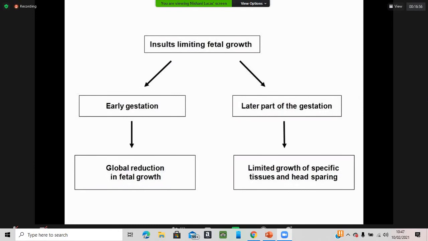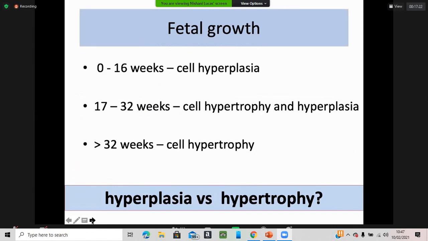If it happens in the latter part of the gestation, it will affect specific tissues because different tissues will have different growth rates towards the latter part, and there will be a head sparing effect. That is what you saw and what your colleague correctly mentioned in the first picture. Right? So head sparing effect where the head will look big and the body will look small for a while.